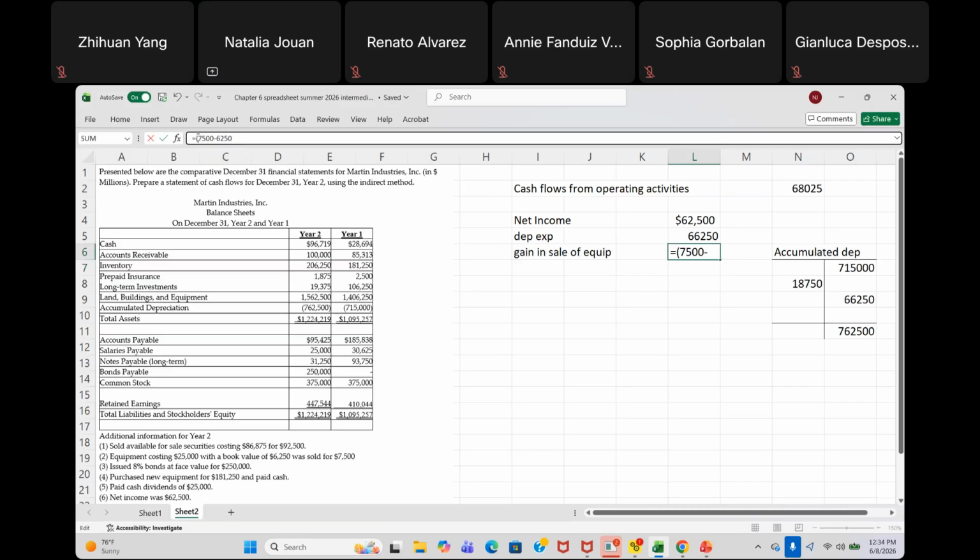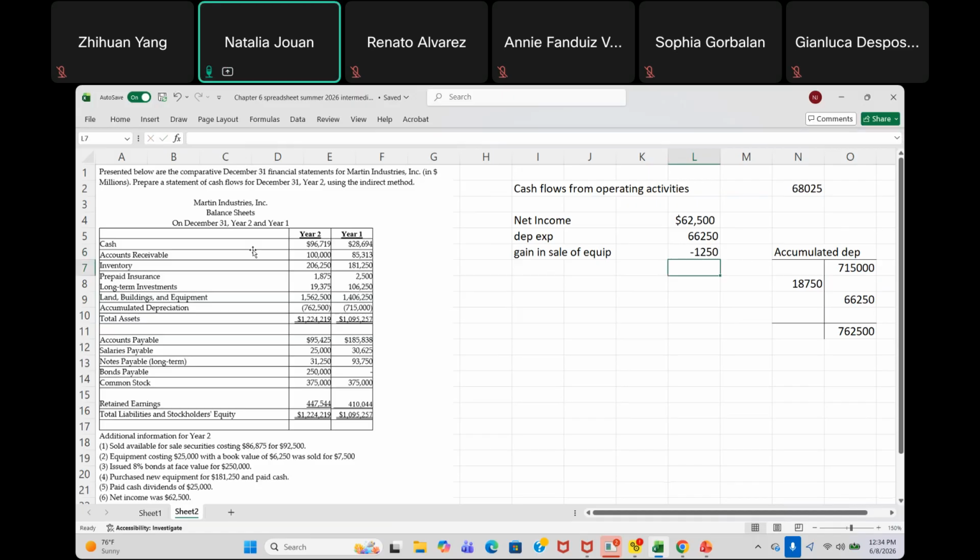Let's put it this way. Gains we're subtracting. Net income already has this gain, so we need to subtract. Let me see if anything else might have one. Available-for-sale securities costing 86.